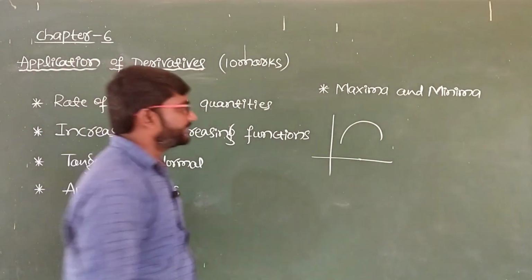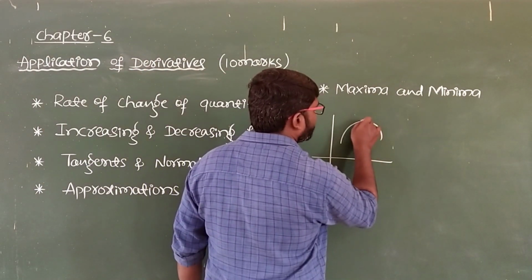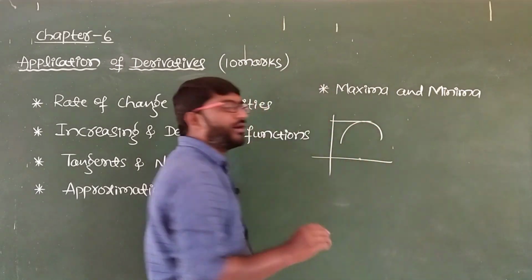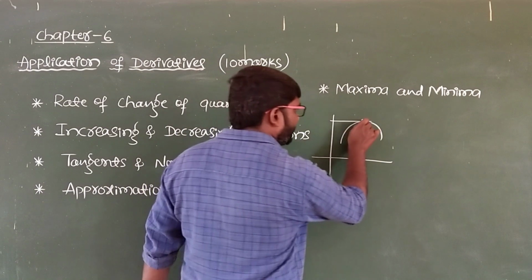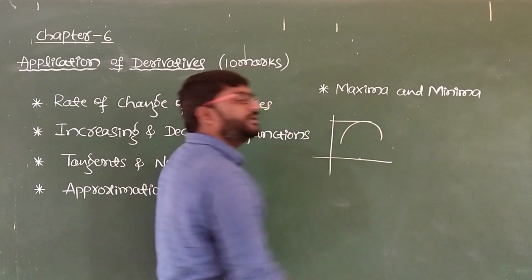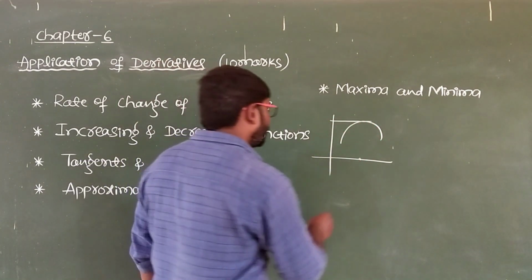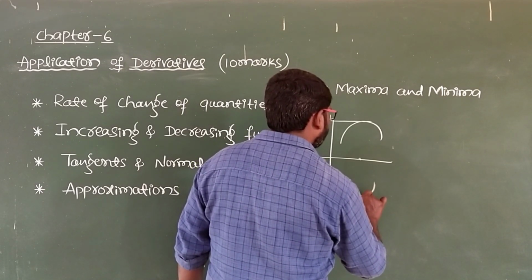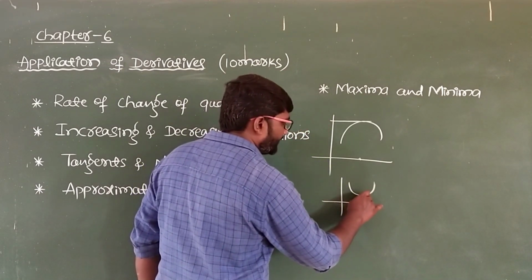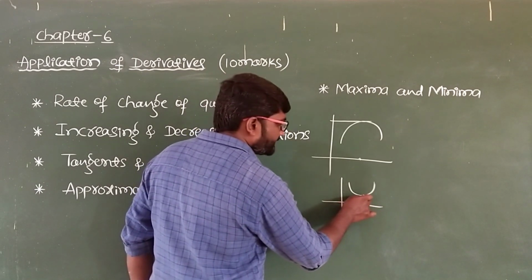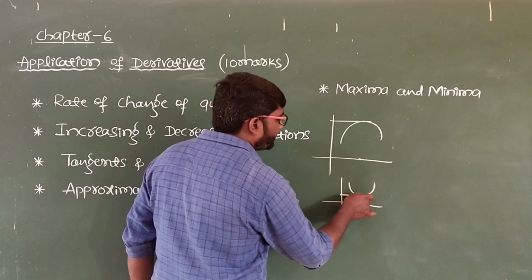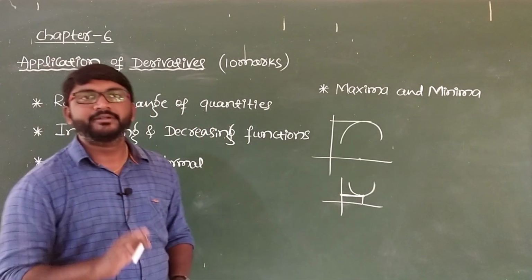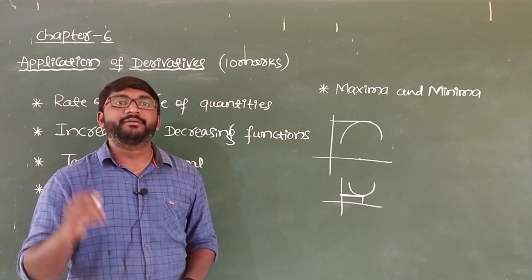This point is going to be the point of maxima, and this value will be the maximum value. Or if you take another curve, at some point it is going to attain the minimum value. So this is going to be the point of minima, whereas this value will be the minimum value. Here also we are going to make use of the concept of differentiation or the derivatives.